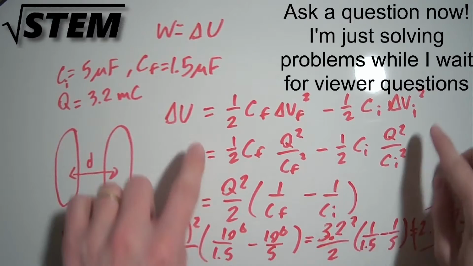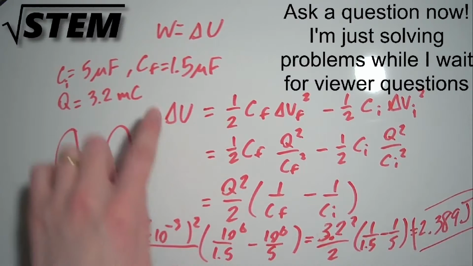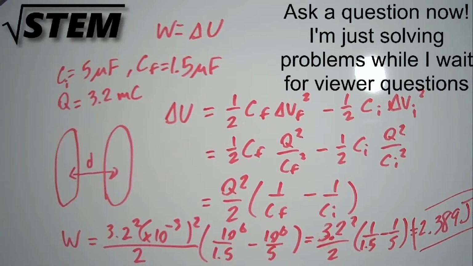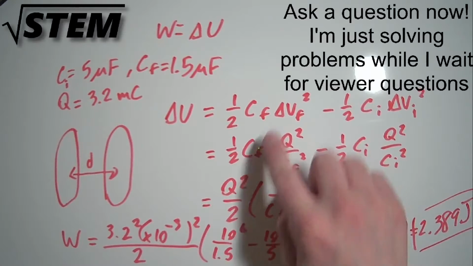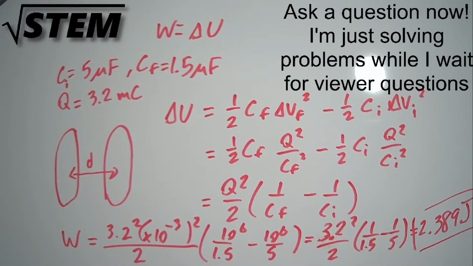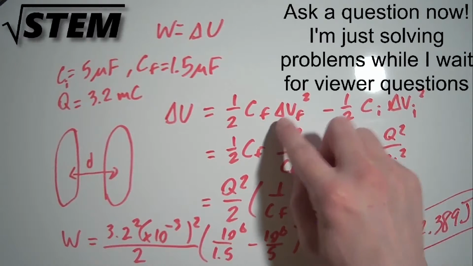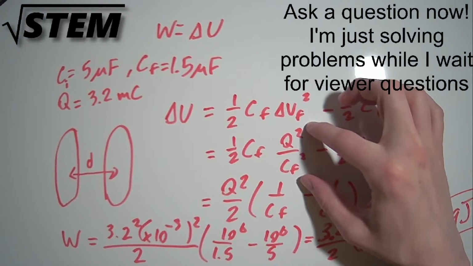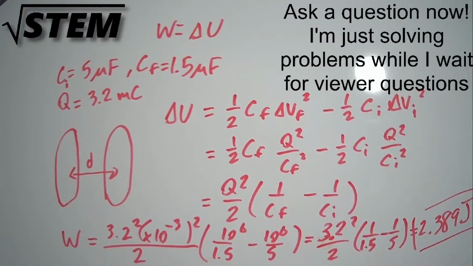But I think this should all work, because to be able to change the potential energy inside the capacitor, if the charge stays the same, then you have to change the voltage, and we can substitute in for that voltage with our relationship Q equals C delta V for both parts.